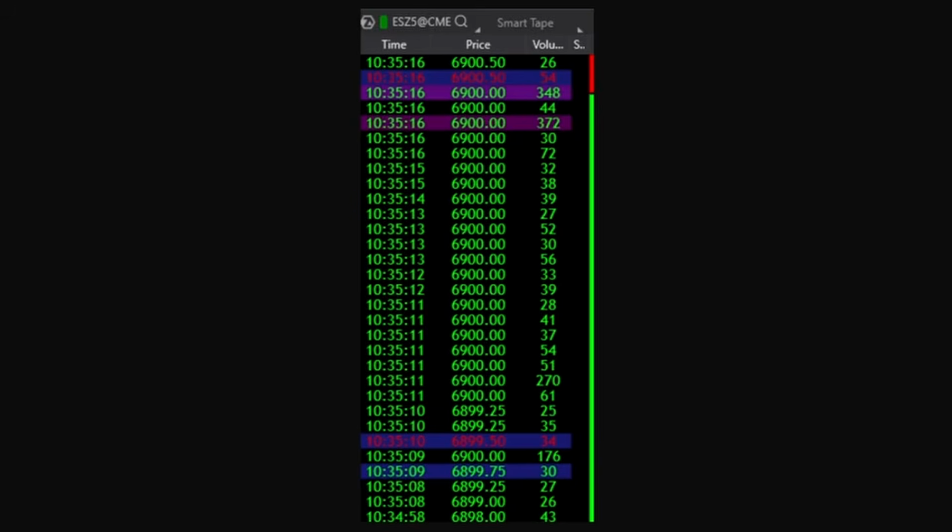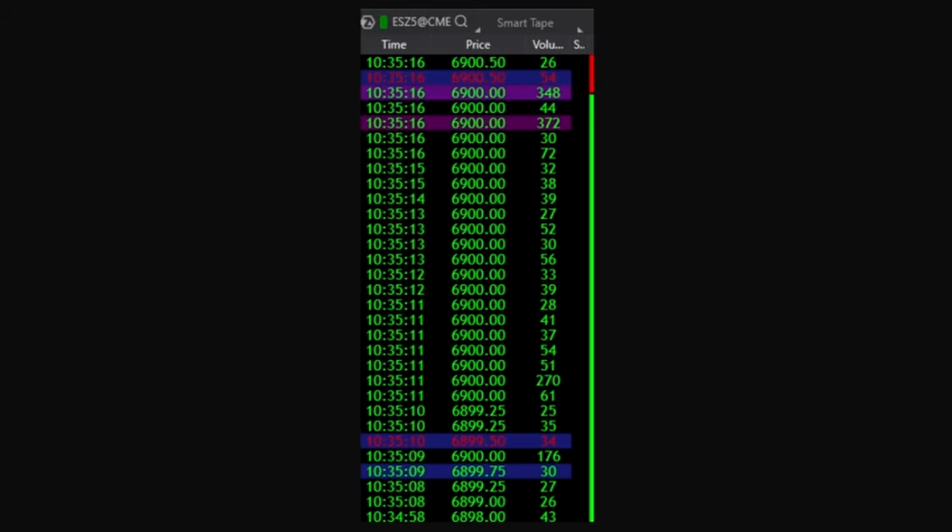You start to get a feel for, okay, the tape looks like this, so that kind of means that we might be flipping, we might be trapping. It's learned through screen time. There's not exact patterns that you are looking for, right? It's just kind of, you get the idea of the flow by just having it on your screen for many, many hours. That's why it's so hard to teach.